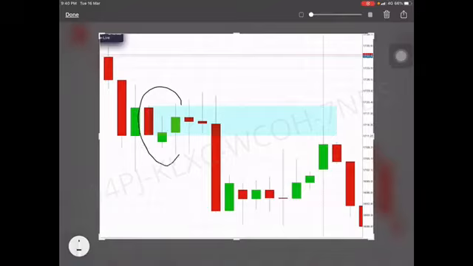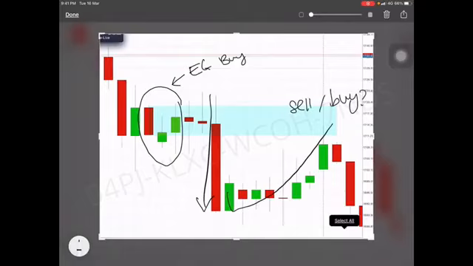And then the price broke downward. It broke the zone. Okay? So now what are we going to look for once the price comes here? Sell. Yes, so when the price comes here, we're going to look for sell. Okay, so we sell here.